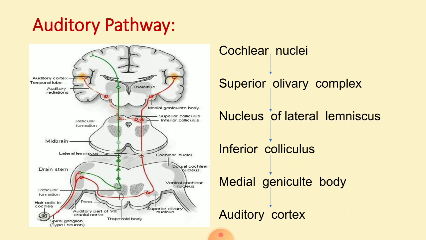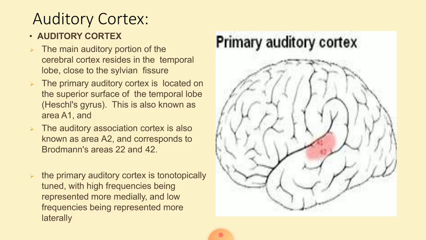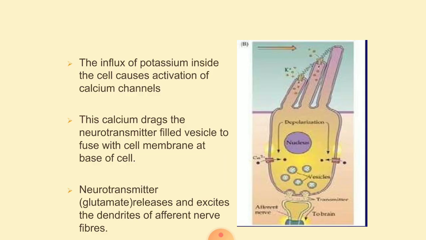Now, let us have some clear idea about the membrane potentials of the hair cells and the associated structures. I have already mentioned that there is a gross potential difference between the endolymph in the scala media and the perilymph in the scala vestibuli and scala tympani, because of the difference in potassium concentration.